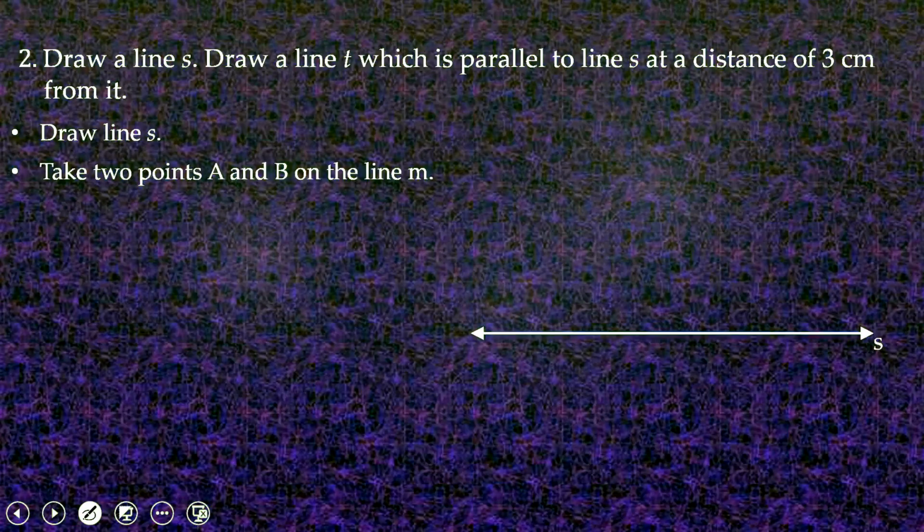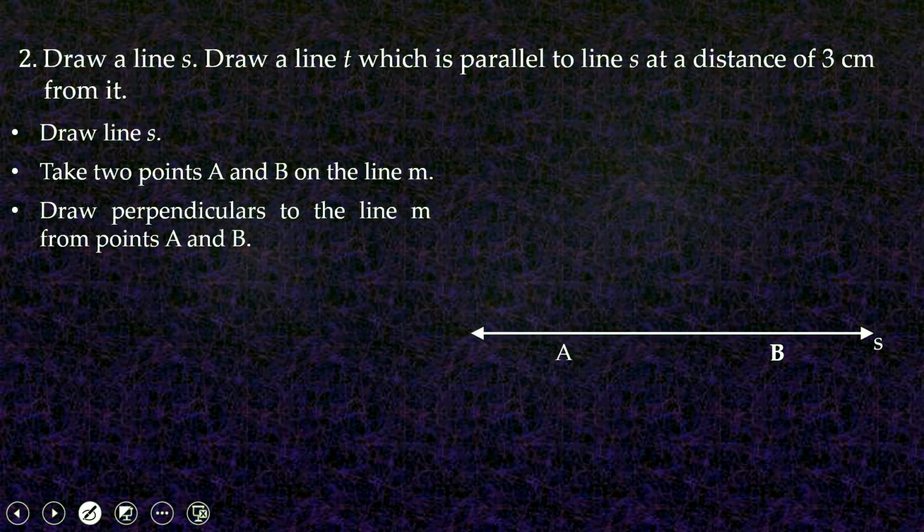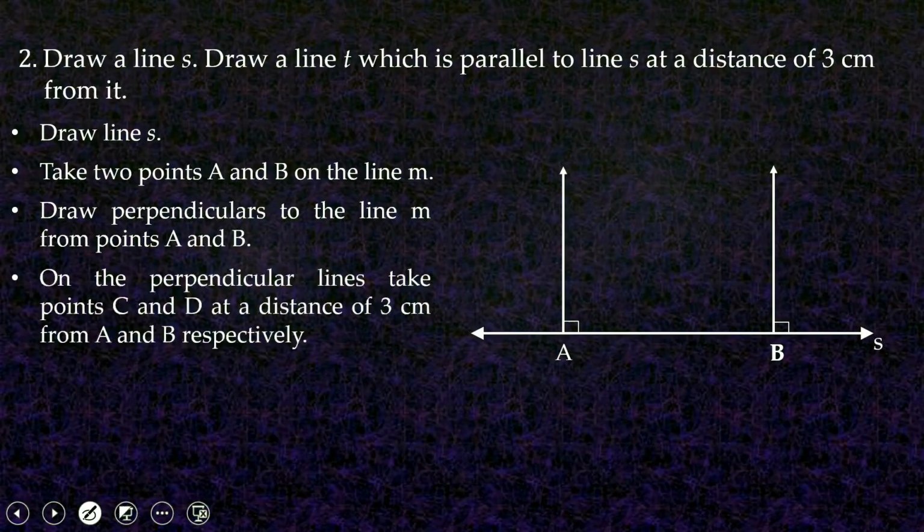Next sum, draw a line S. Draw a line T which is parallel to line S at a distance of 3 cm from it. So first step is draw line S. Next step is take 2 points A and B on the line S. In this way, draw perpendiculars to the line from points A and B. On the perpendicular lines, take points C and D at a distance of 3 cm from A and B respectively.